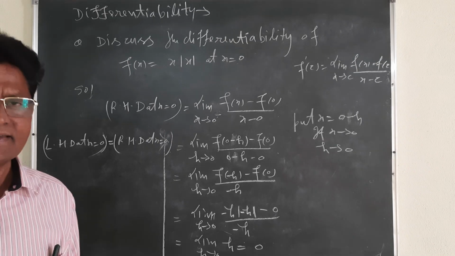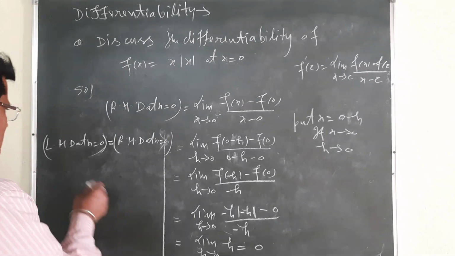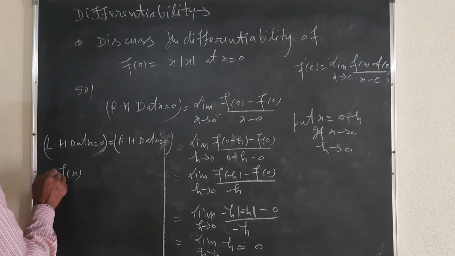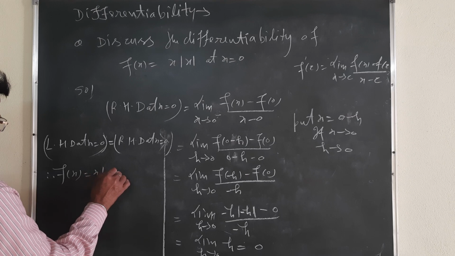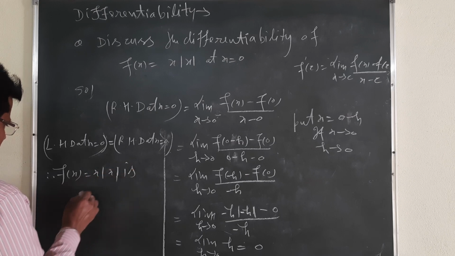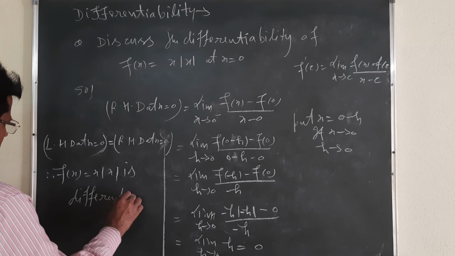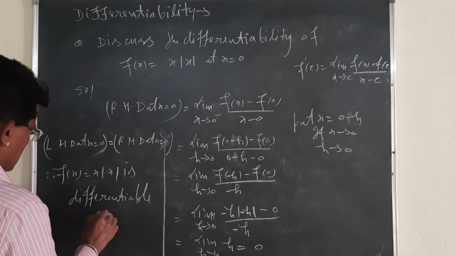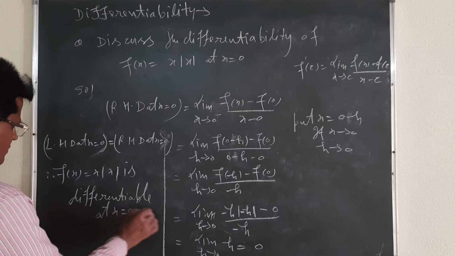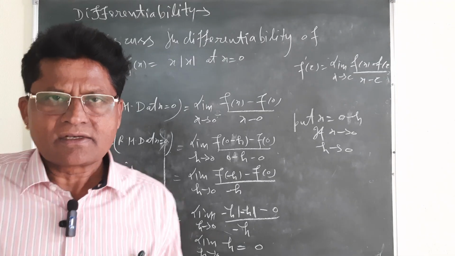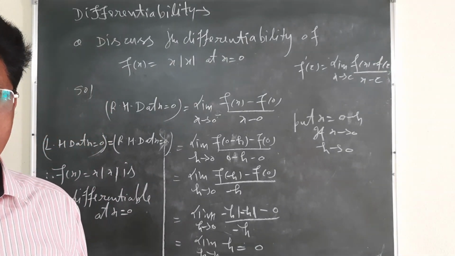That is why the function f(x) equal to absolute value of x is differentiable at x equal to 0. What a simple question which you feel is very difficult.